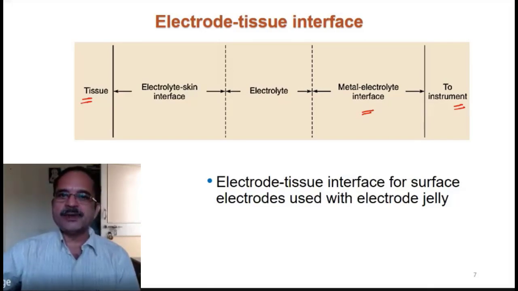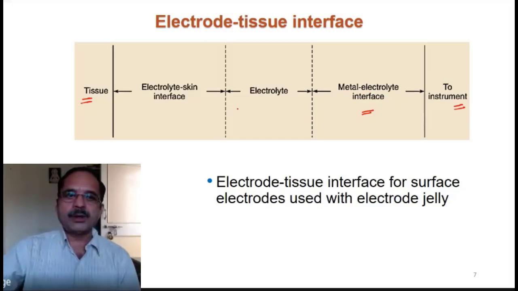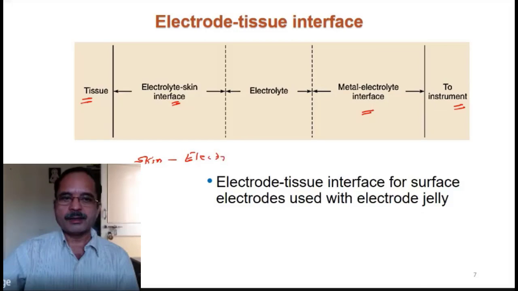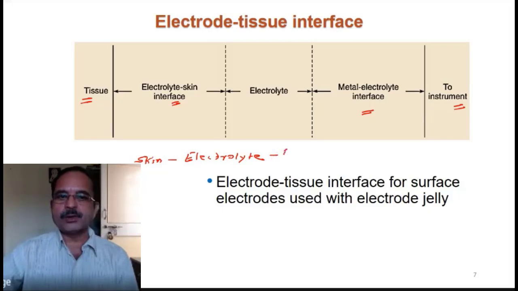So there is a metal electrolyte interface, and on the other side there will be an electrolyte skin interface. It is like this: skin or the tissue, then electrolyte, and last the electrode.